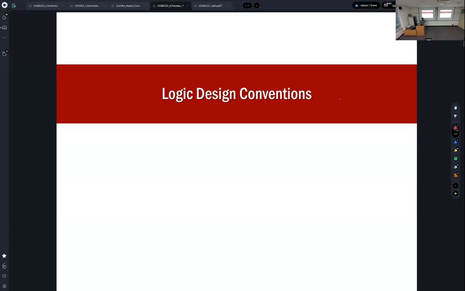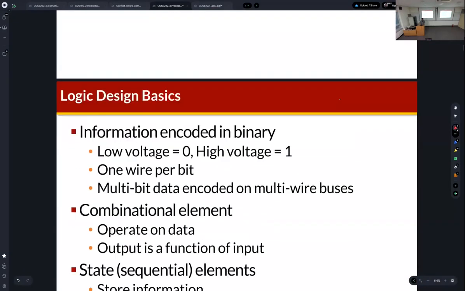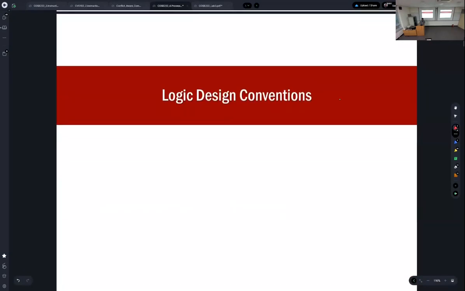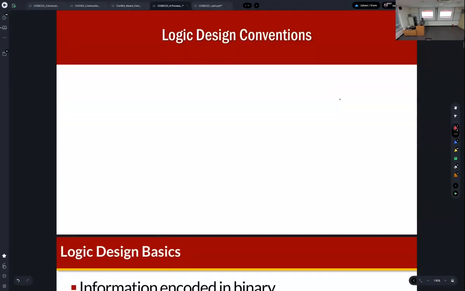The processor is also a big system, so we need to understand some logic design concepts, or digital design concepts, for understanding the design process of computer processors. It is just a review of the digital logic design course.